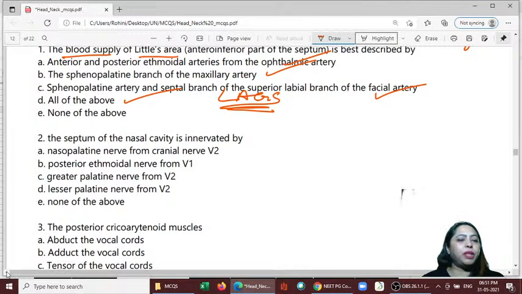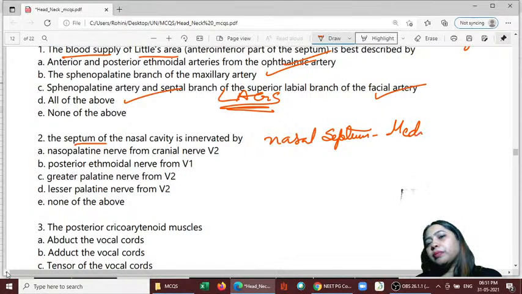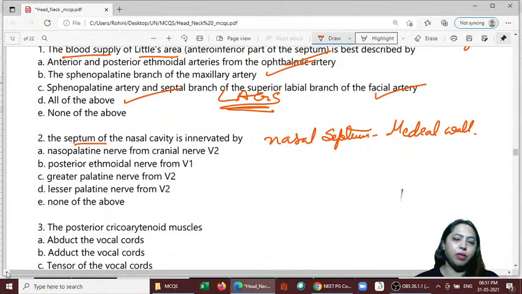The septum of the nasal cavity is innervated by. So now here we have the nasal septum. It is innervated by which one? The nasal septum is also called the medial wall. What is the innervation of the medial wall?